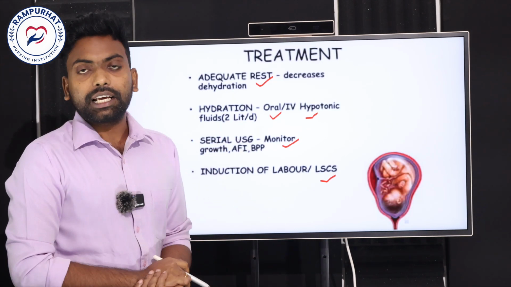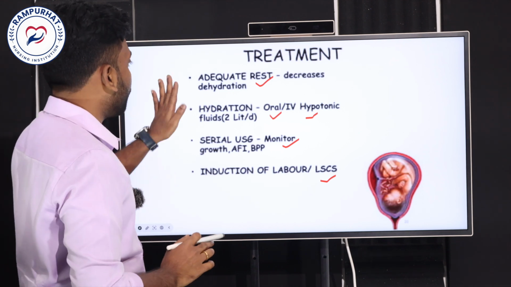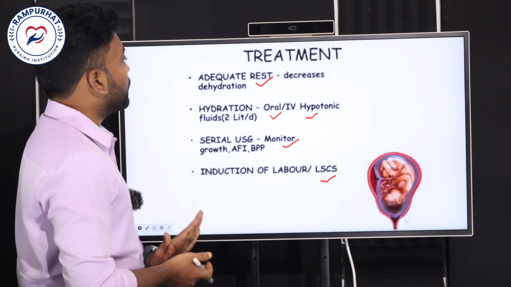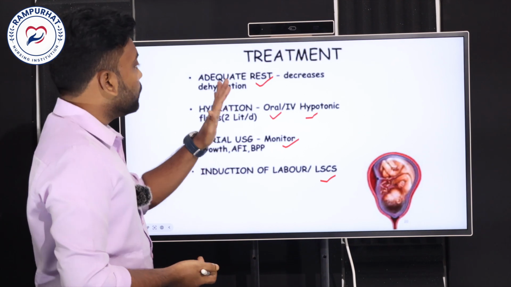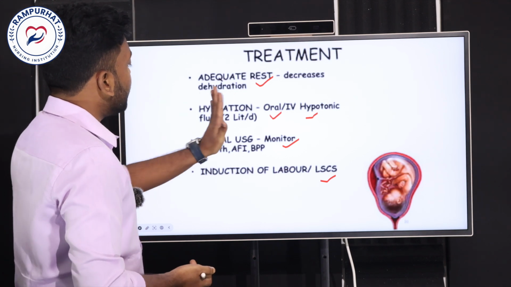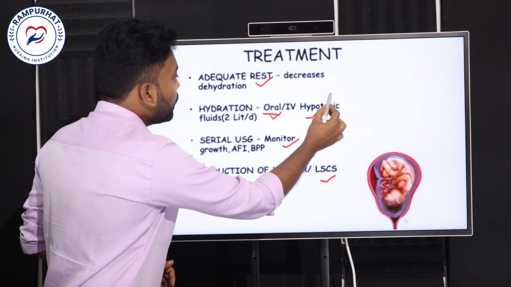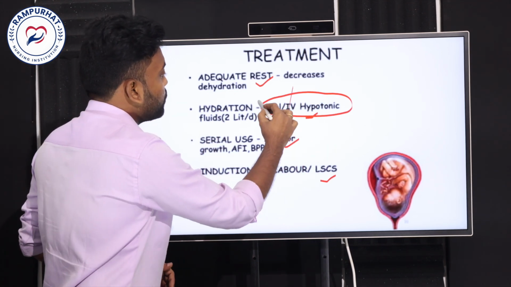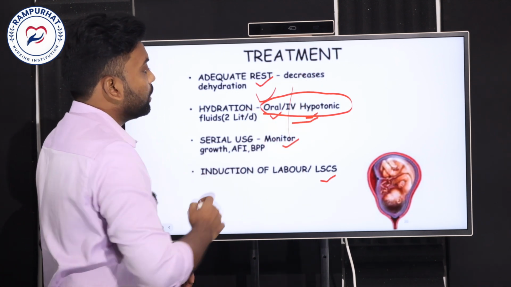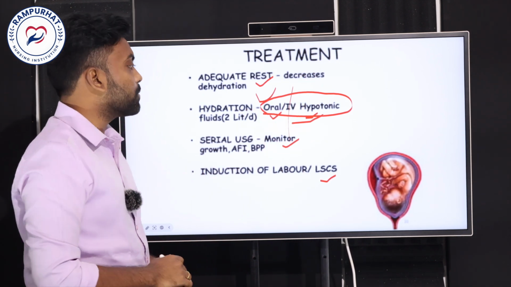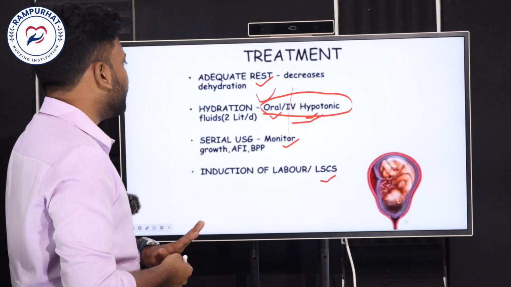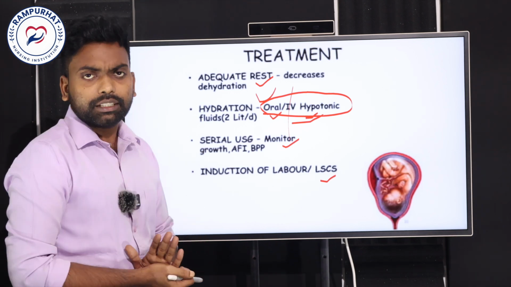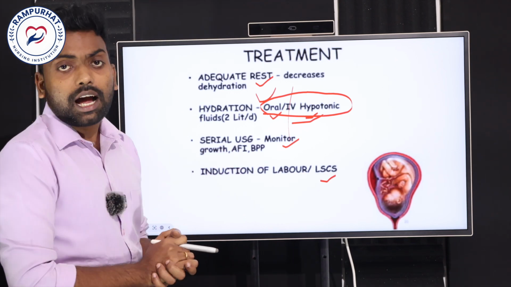How can we treat oligohydramnios? The first step is to give adequate rest to the mother and give her hydration. How can you hydrate the mother? In two ways: first orally, and second by the IV, intravenous method. By using these two methods, we can hydrate the mother to get sufficient amniotic fluid.